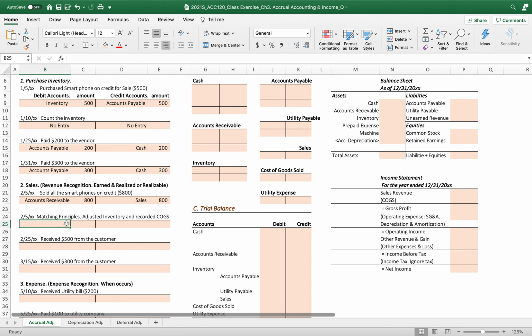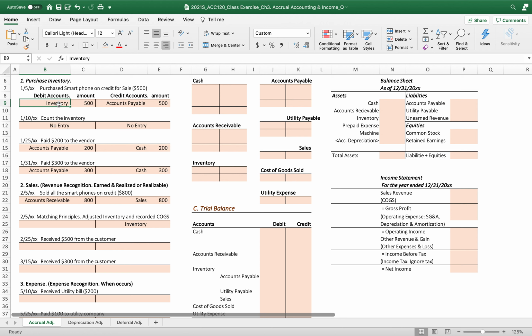Then, based on the matching principle, we have to record the expense, or the cost of the inventory. What was that? Right, first, inventory out. Why? The company sold this inventory, this 500. When the company purchased $500 of inventory, there was no cost recognition, just asset down, cash down, and asset up, because the company hadn't sold anything.